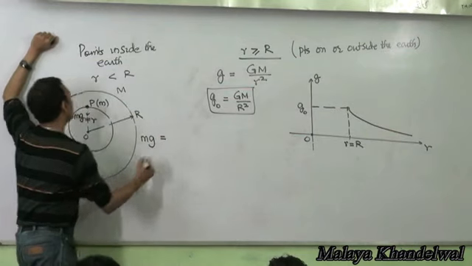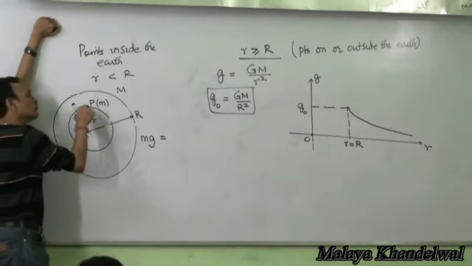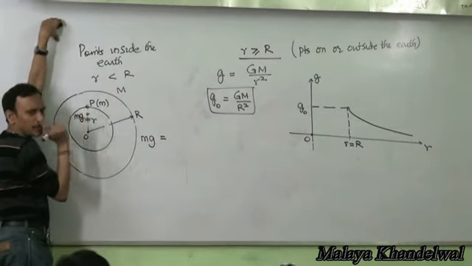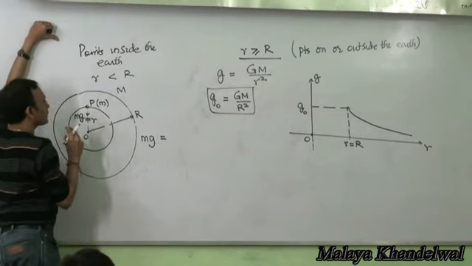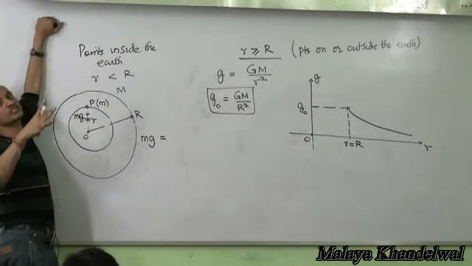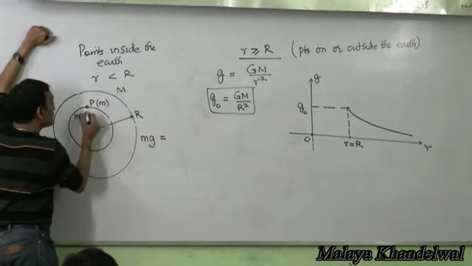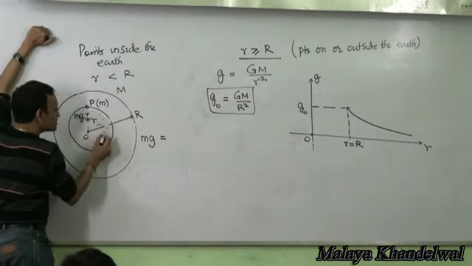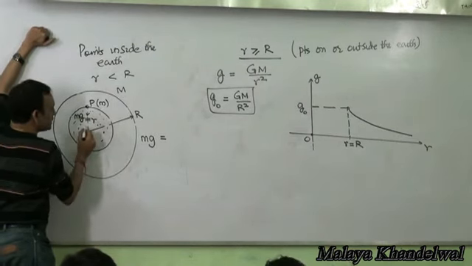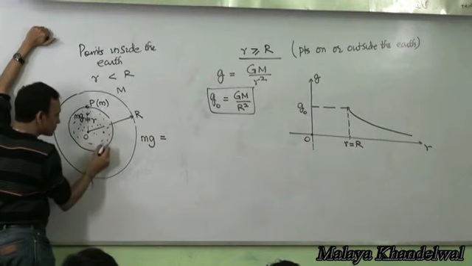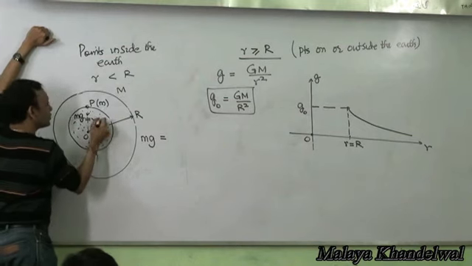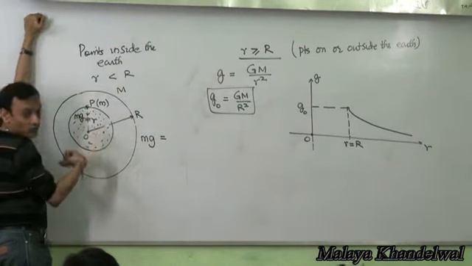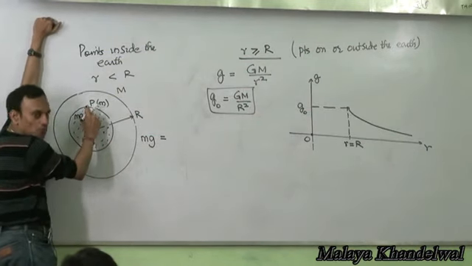Right? Now, the force experienced by this particle can be because of two distinct mass regions. One is the mass region contained in a sphere of radius small r, that would have a gravitating influence on this small m.